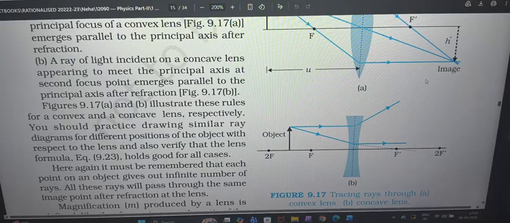Actually it is a diverging one, so it will diverge. If you produce this back, then you will understand it is actually passing through focus. So parallel through focus, not directly like this we are drawing, because we are taking from this focus. So here we cannot draw the solid line, we can show it with a dotted line over here.